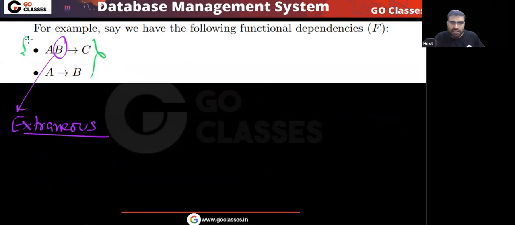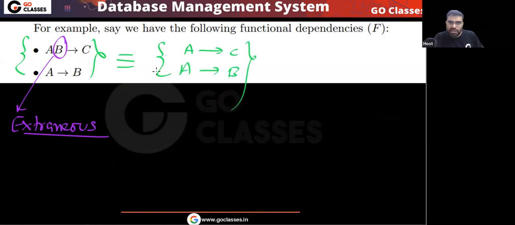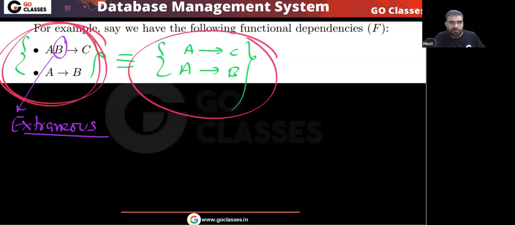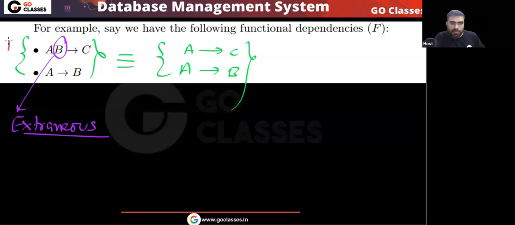Now you can easily check that this set is actually equivalent to this set. Are they equivalent? For example, first check whether this set of FDs will cover that set. Let me call one F and the other G. Can I say F covers G?